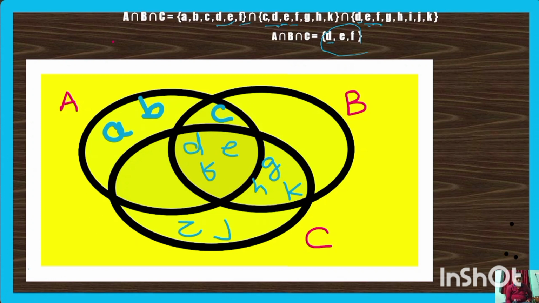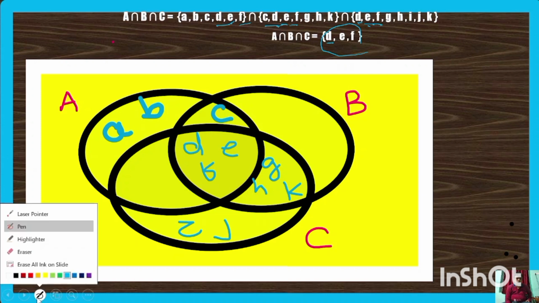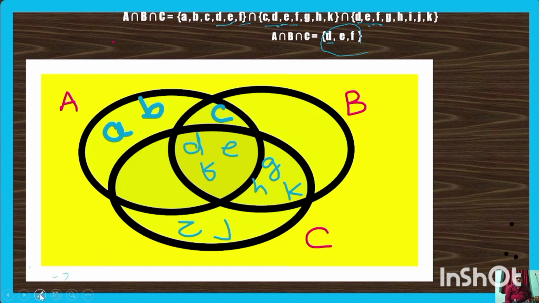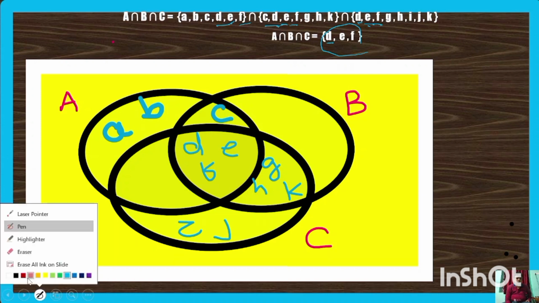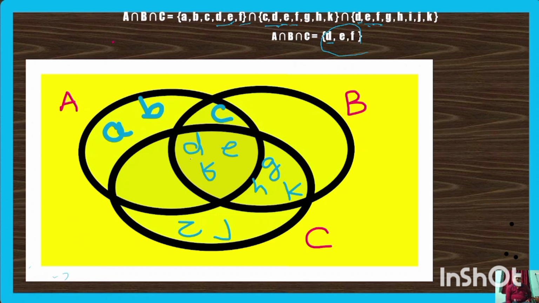You once again see these are the common portion. Look at here. These are the common portion. The shaded portions are the elements common to the three sets A, B, C. Understand?